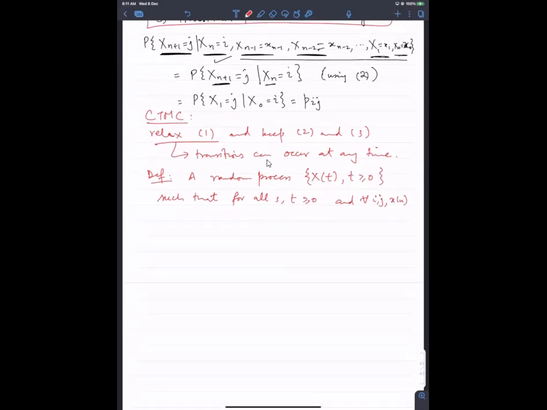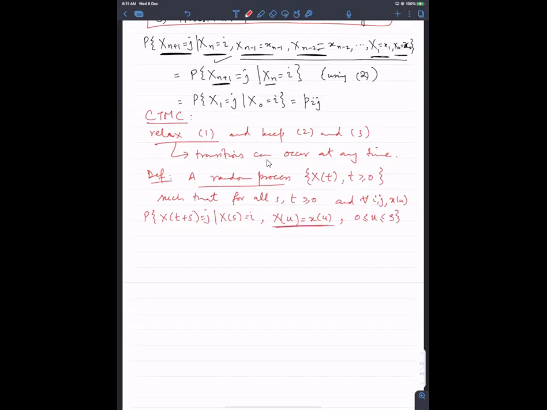the Markov chain is defined as probability X of t plus s equal to j given X of s equal to i, and what else is given is X of u equal to small x of u, where u is greater than 0, of course, but smaller than s.